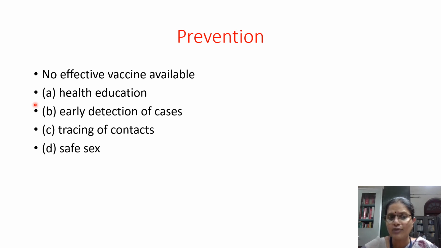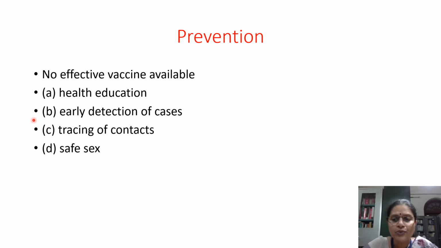So all these must be taught at the school level, at the college level, to make the people aware of this disease. Second, one important problem here is that most of the times women who are infected will not show any type of symptoms. They will be totally asymptomatic. Because of that, it becomes very difficult sometimes to control this disease.